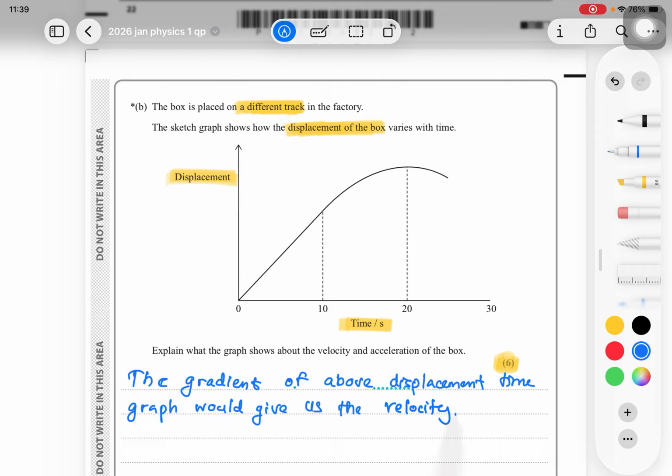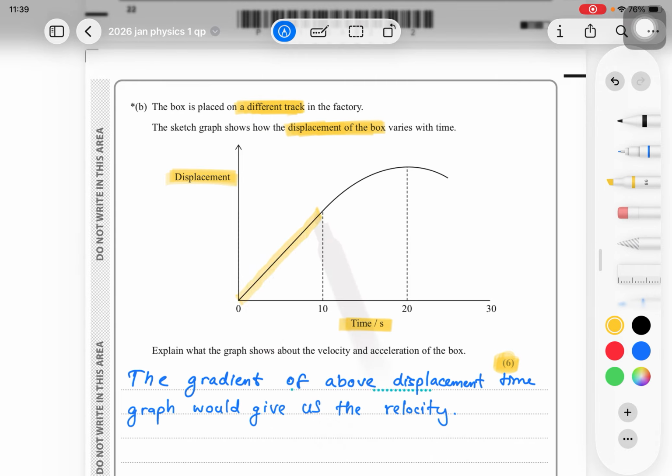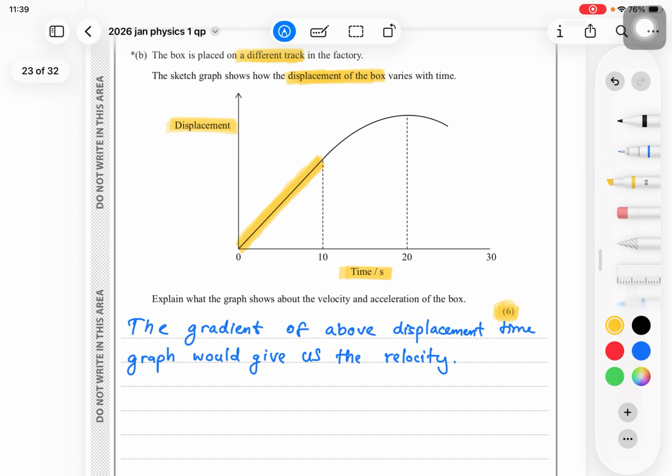Why we are saying that is, we can see from time 0 to 10, the gradient is constant. And in this answer, you have to talk not just about velocity, you have to always talk about the acceleration as well, in the same point.